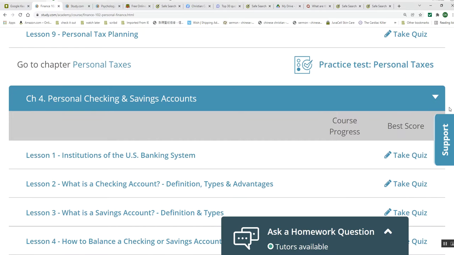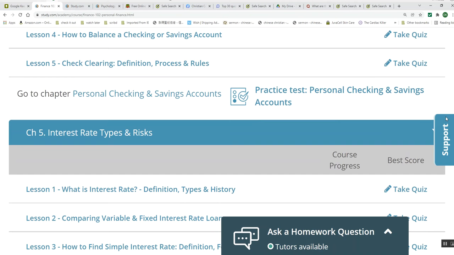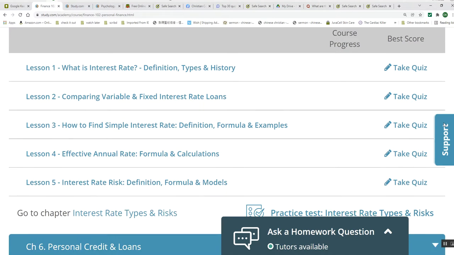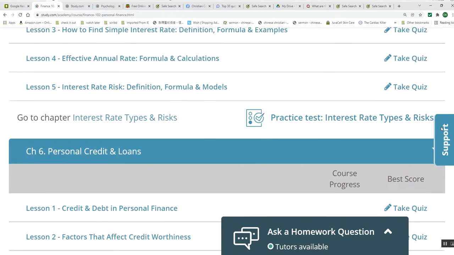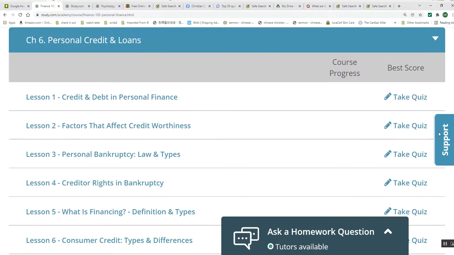Chapter 4, personal checking and savings accounts. Number 5, interest rate types and the risk. Number 6, personal credit and loans.